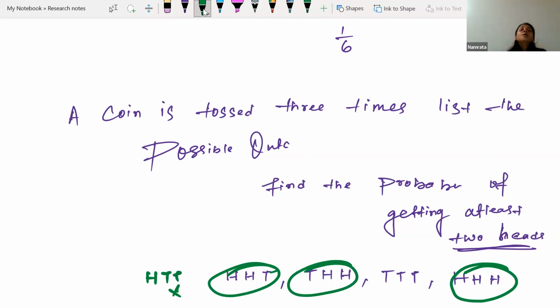I can say three. But you need to list down all the possible outcomes of the sample space first, when we are tossing a coin three times. Accordingly, you will check how many are the favorable cases where you have at least the bare minimum two or more than two. Will you be able to do that?